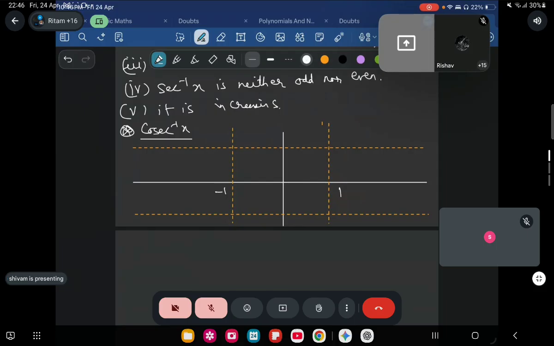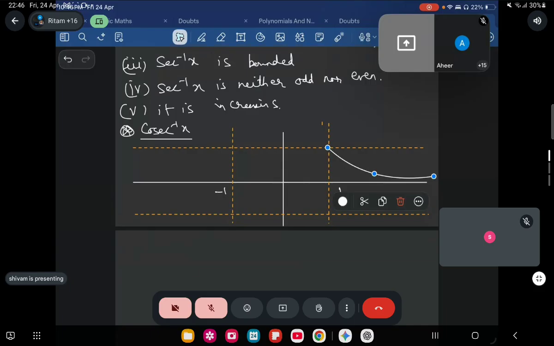Tell me, everyone. What is cosec inverse 1? So pi by 2. Okay. And since x-axis is the asymptote, this is how the graph is going to look like. Since x-axis is the asymptote, it will meet at infinity only.